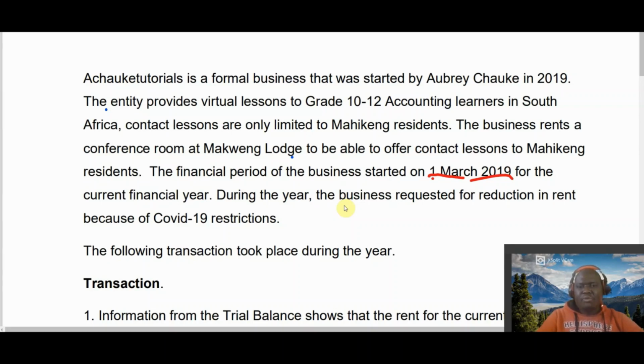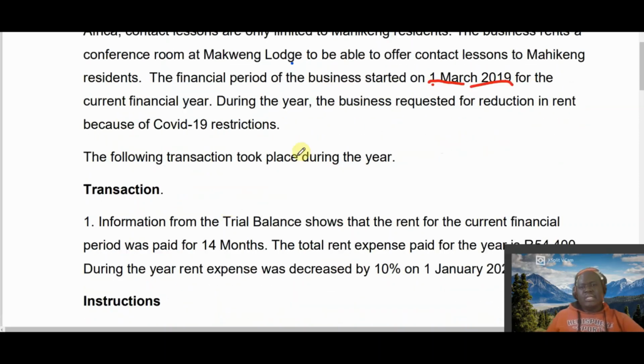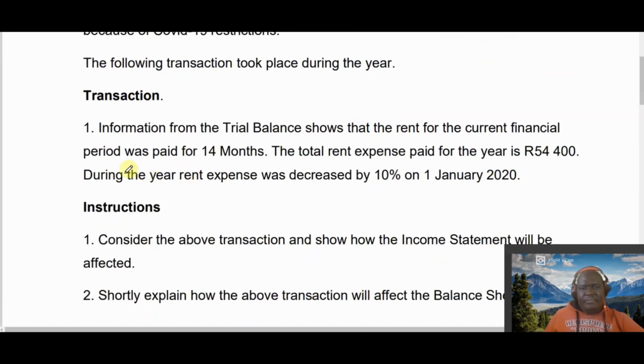So it makes sense that there will be some discussions for reduction in rent. We already know that this business was started on 1 March 2019, and that we're going to deal with a reduction in rent in our transaction. So we need to put this into consideration when we deal with this information.